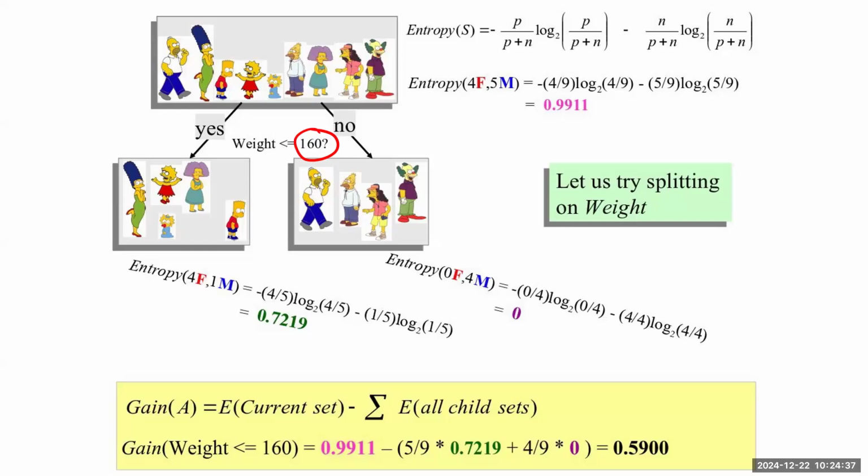On the right side, you have all male. So the entropy is 0. It's a perfect group. So the entropy should be 0. And then when you compute the information gain, you start with the entropy of the parent, and then you minus the sum of the entropy of the children. So 0.9219 and then 0.